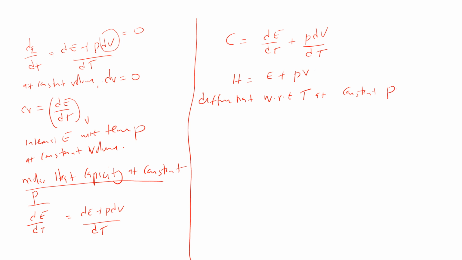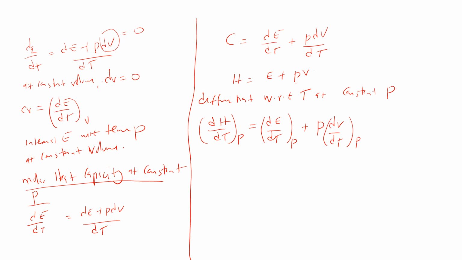When we do that, then we get dH over dT at constant pressure is equal to dE over dT at constant pressure, plus P is constant, so we can only differentiate the volume, dV over dT at constant pressure.